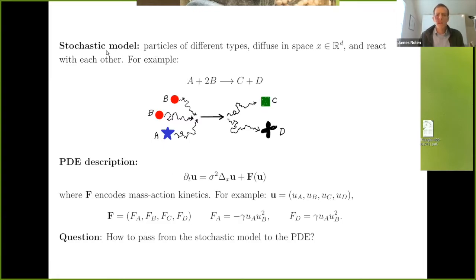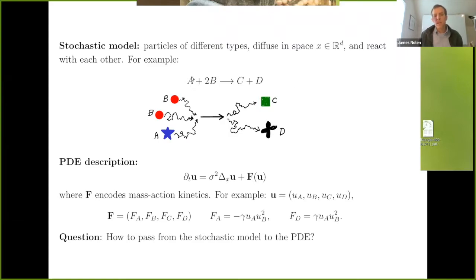So the kind of stochastic models I have in mind involve a finite but large number of particles of different types, different chemical species, and they diffuse in space, in a continuum, in Euclidean space, or on a torus, or on Riemannian manifold. And then the chemicals react with each other in various ways, in a way that depends on their spatial proximity.